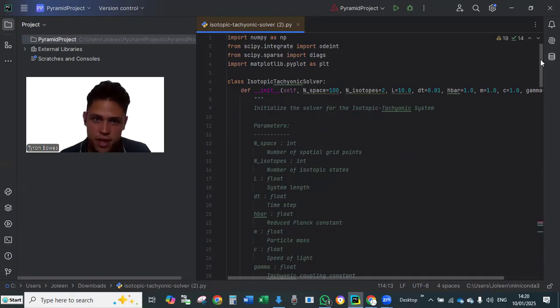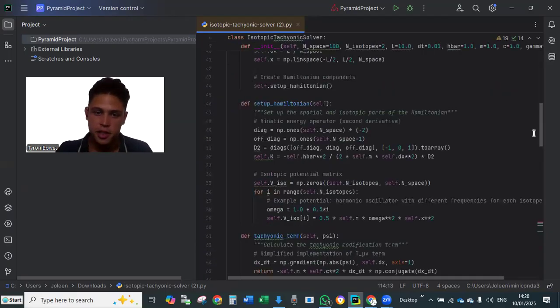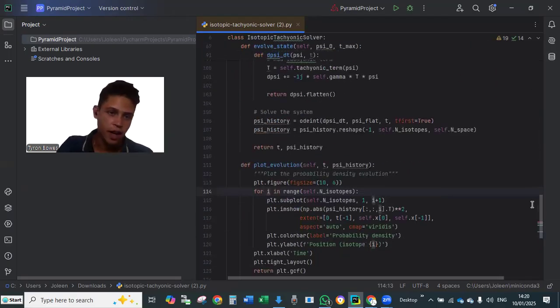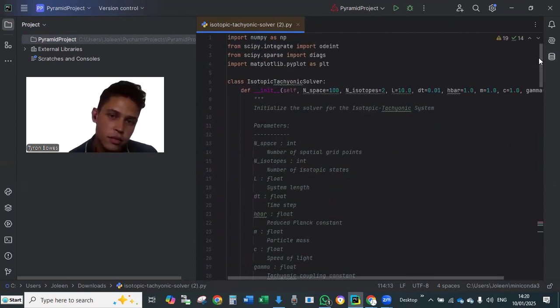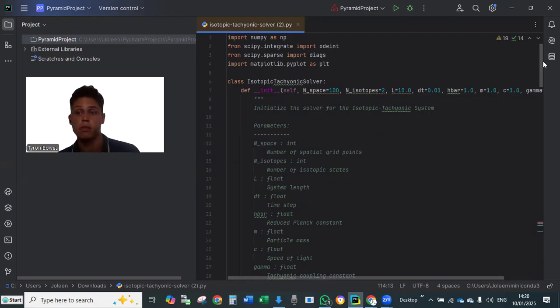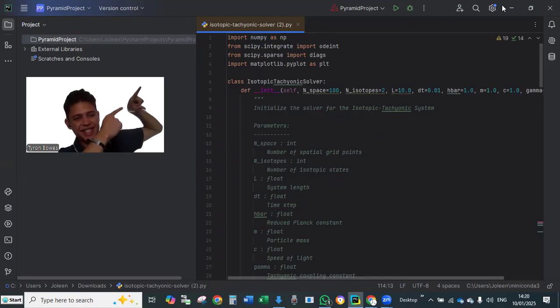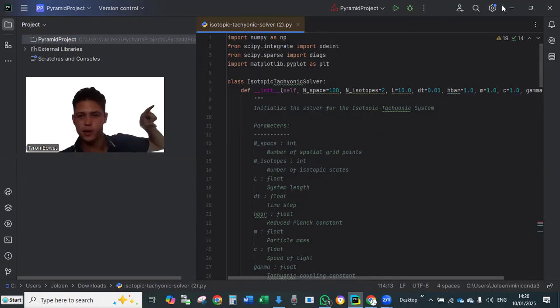Anyway, here we go. This is the code. I don't know what to tell you guys. Just put this in your computer and try it. This is code. It's code. Let's just go to the top.